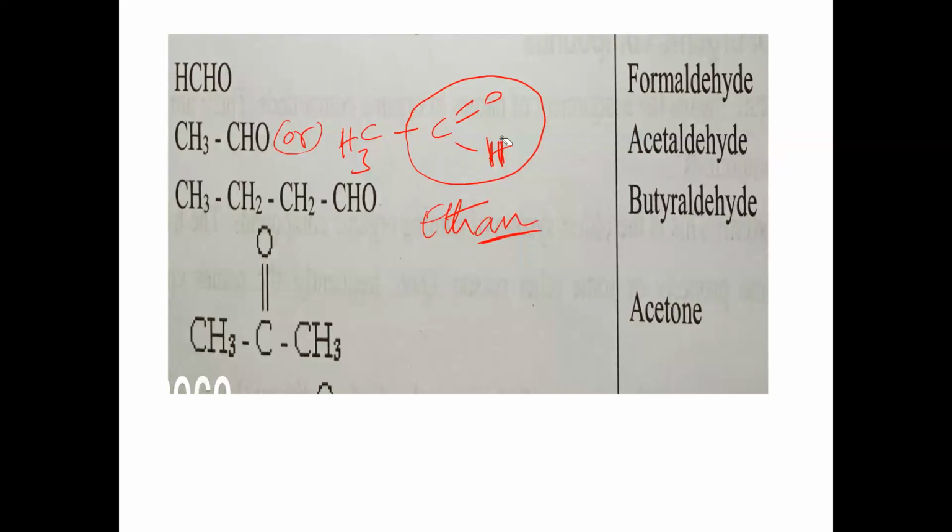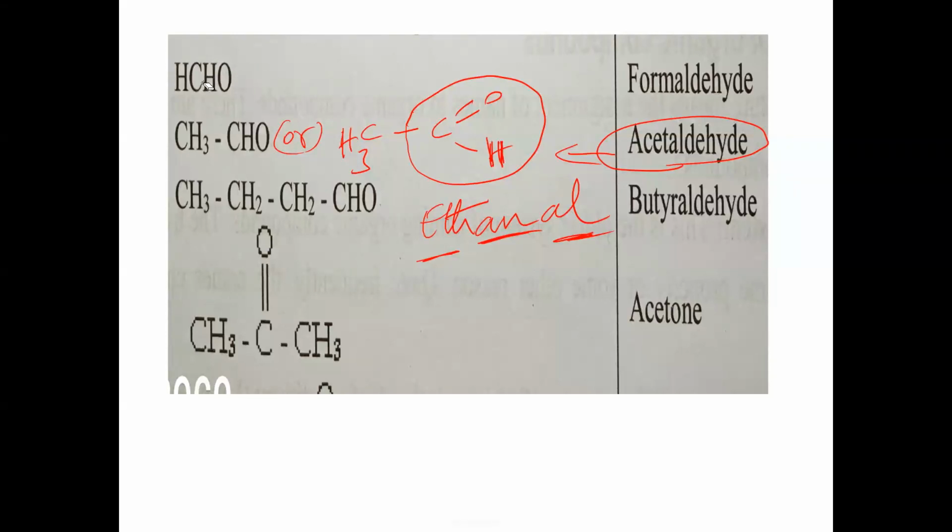And what is the secondary suffix of this aldehyde functional group? Al. Okay, ethanal. Ethanal is the IUPAC name of this compound. But the common name is what? Acetaldehyde is the common name. And the IUPAC name is ethanal. Okay.